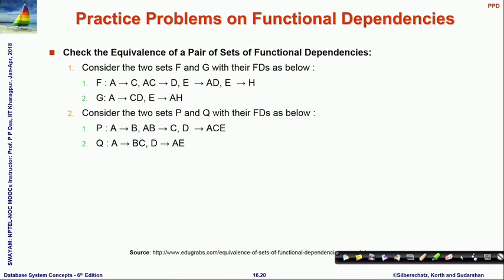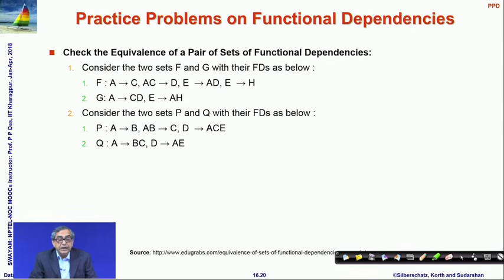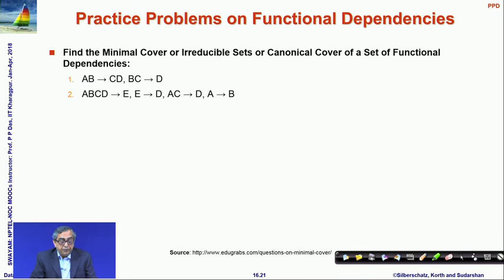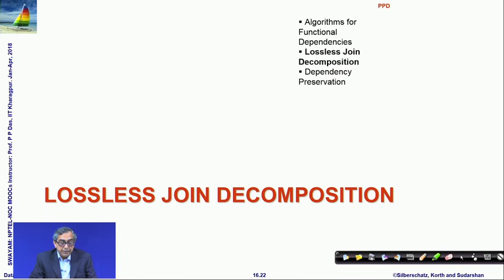You can check for equivalence for a pair of sets of functional dependencies. There are a couple of problems given on that. So, please try them out. For the different sets, you have to compute the minimal cover, or the irreducible set, or canonical cover of the set of functional dependencies.